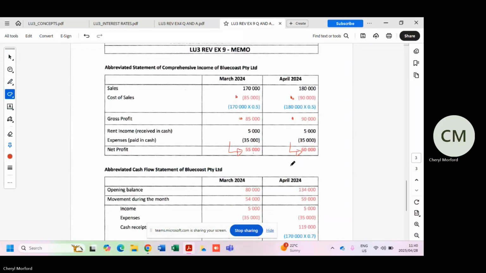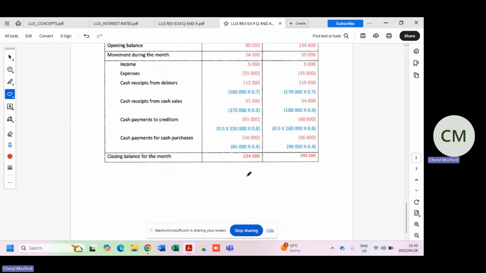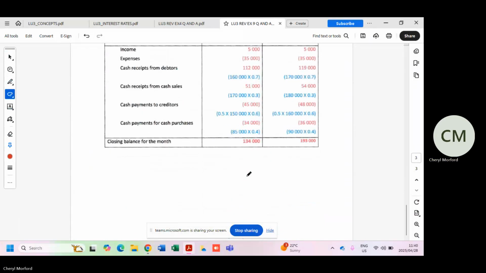Right. The first thing that we need for your cash flow statement is obviously how much money we have in the bank at the beginning of the period. So we're going to have a look at the question.